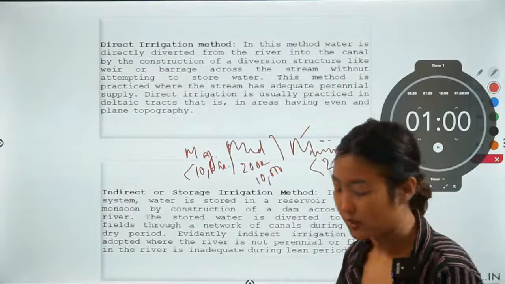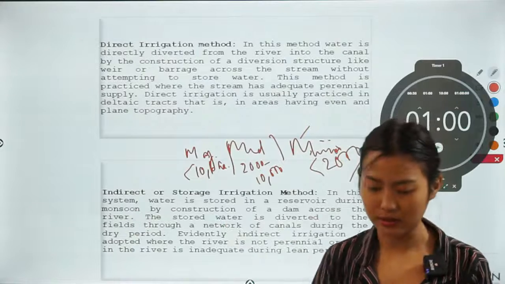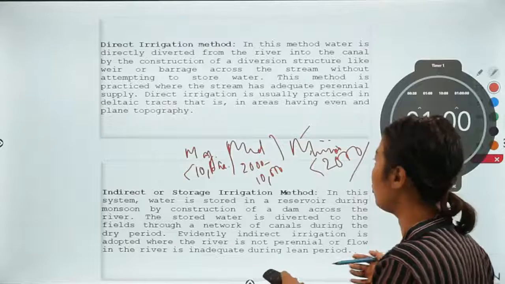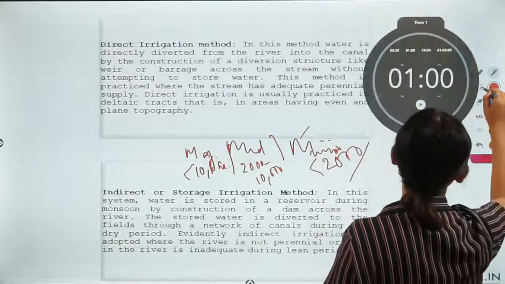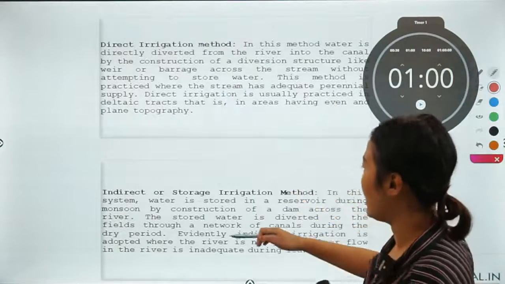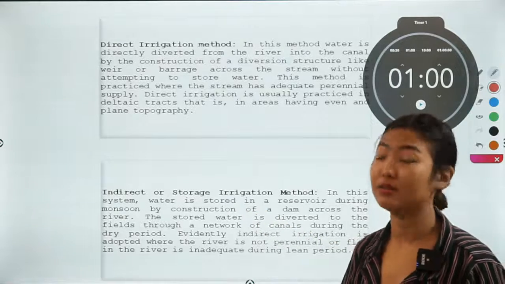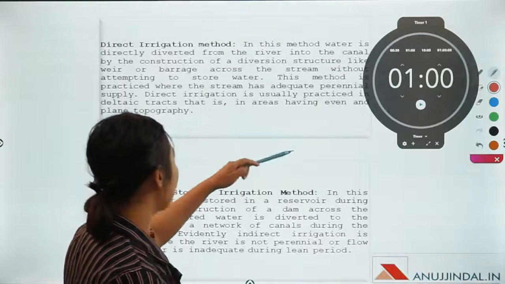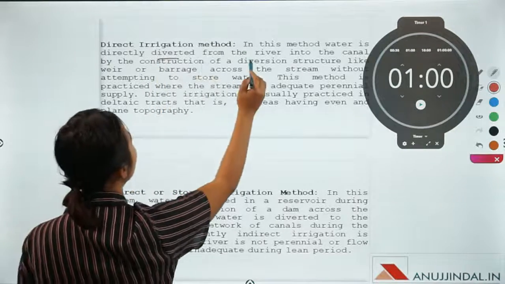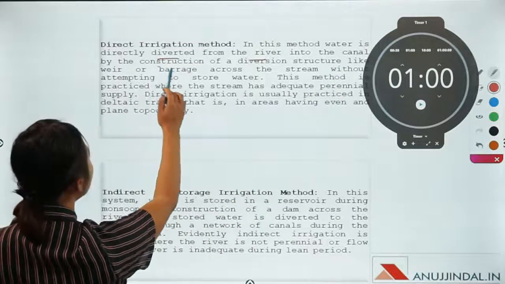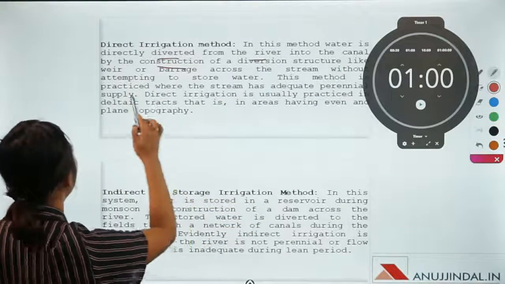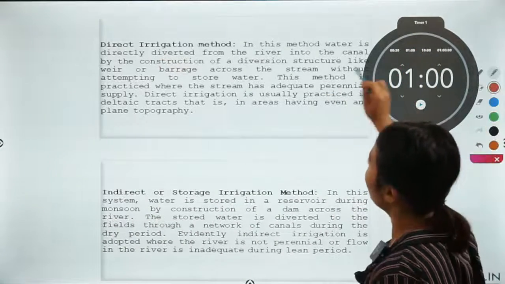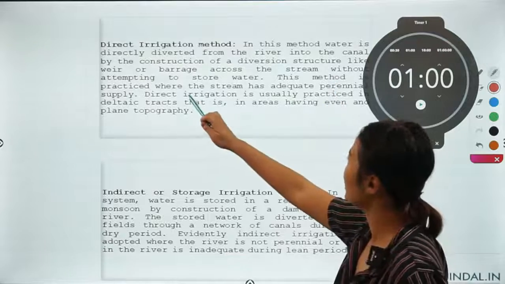Other than this, major and medium projects are also classified into two: direct irrigation method and indirect irrigation method. In the direct irrigation method, the water is directly diverted from the river into the canal by the construction of a diversion structure like a weir or barrage across the water stream, without attempting to store water.